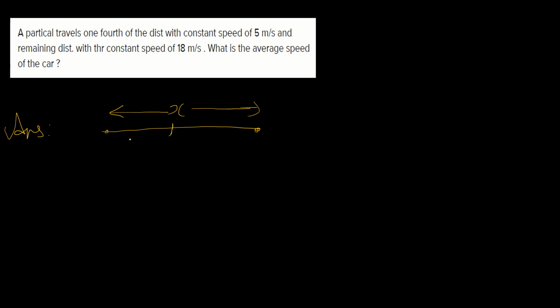One-fourth of the distance means x by 4, right? The remaining distance will be x minus x by 4, which is 3x by 4, right? When it travels one-fourth of the distance, the constant speed is 5 meter per second. Here the constant speed is 80 meter per second, right?